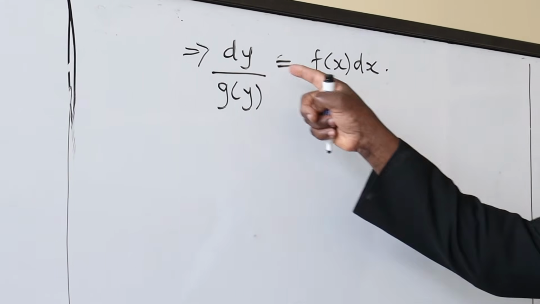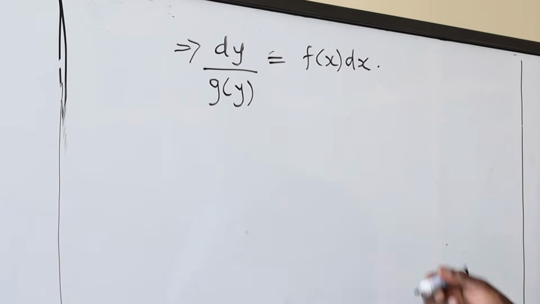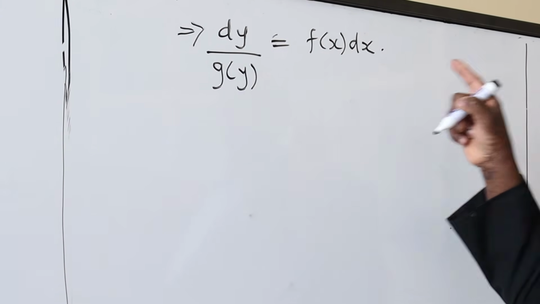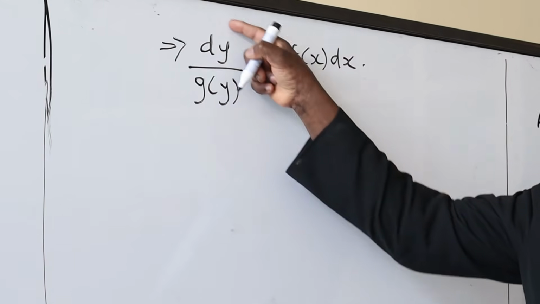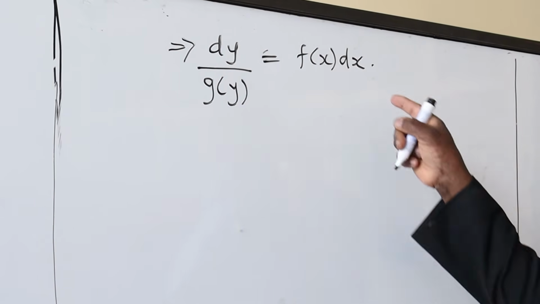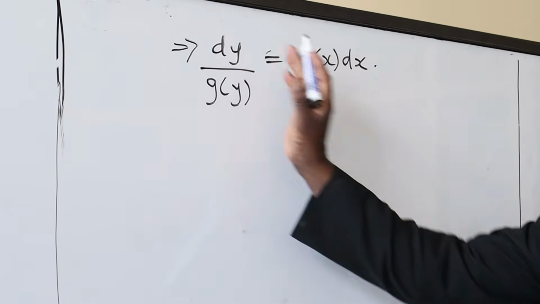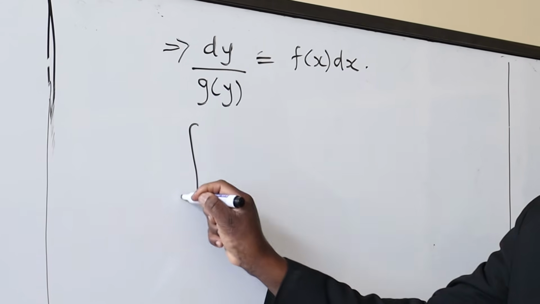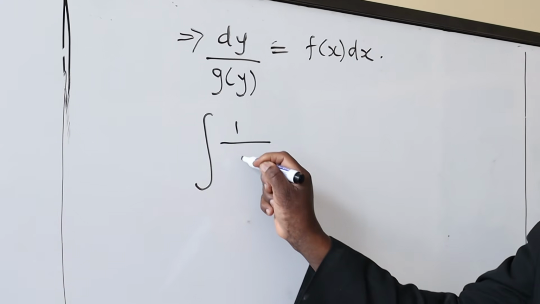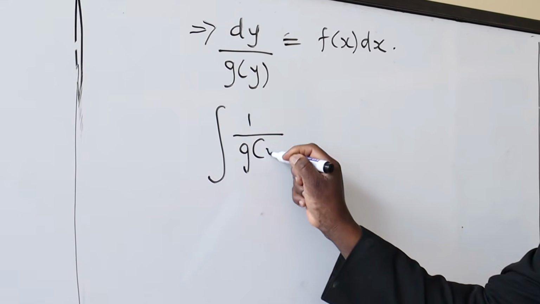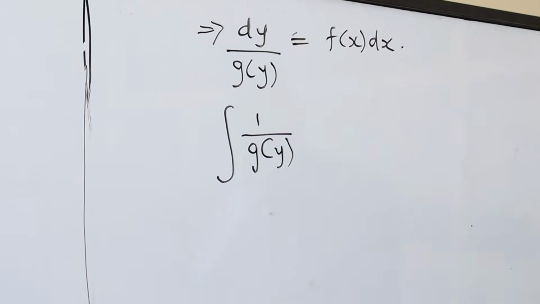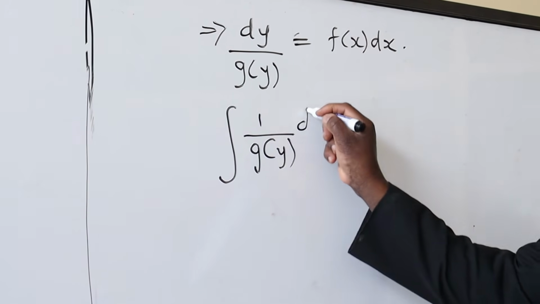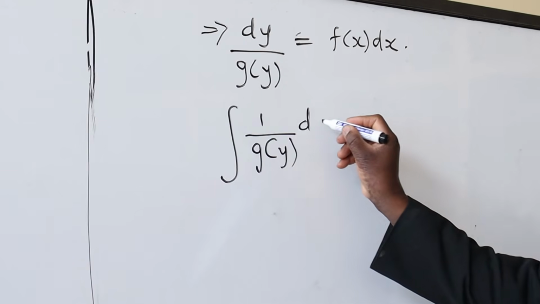Now, from this, we need to solve for y. For us to remove the differential coefficient dy or dx after separating the variables, we can integrate both sides with respect to the variable concerned, so that we can get y as a solution.